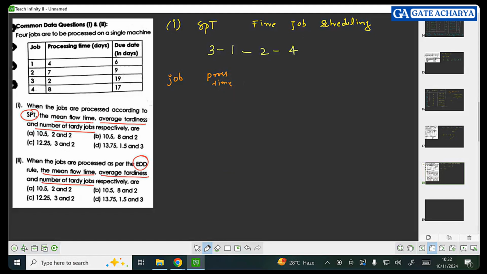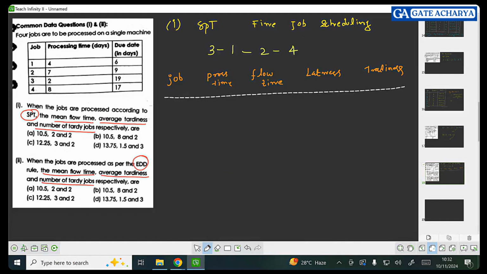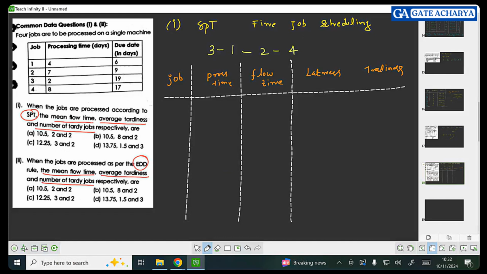Next, flow time. Next, lateness, and tardiness. Sorry. This is what you need to calculate. Now here, job sequence, processing time, flow time, lateness and tardiness.